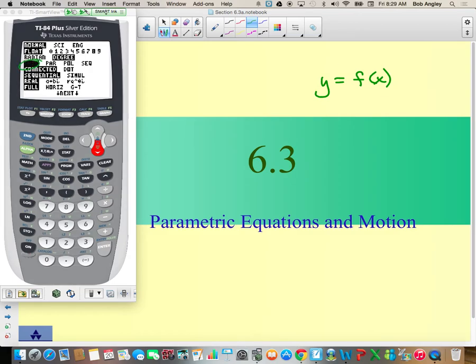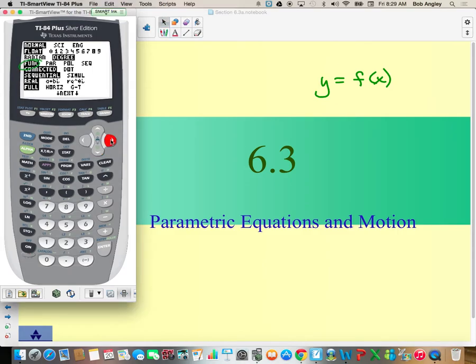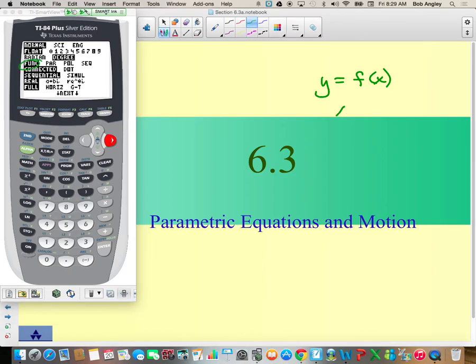All right, now, if we toggle over one here and get to parametric, then we did something just like one day, just a little bit thing about what parametric looks like. Well, when you do parametric, and you're going to see this in a minute, when you go to the y equals, it's going to give you an x1 equals, and it's going to give you a y1 equals, and then we're going to get functions over here, but these are going to have a third variable, t, as the parameter.